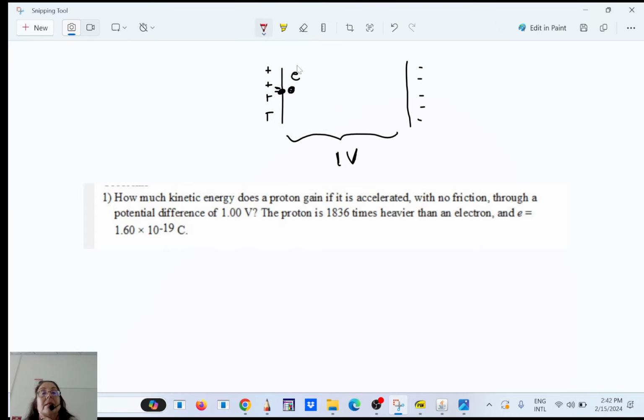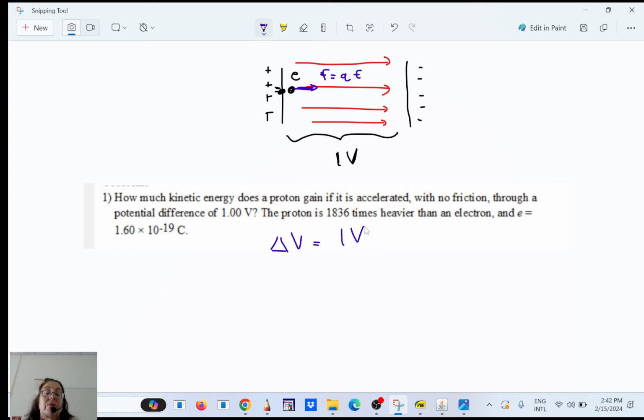Is it going to stay chill out here or what? It's going to go to the right because it wants to go with the electric field. So it's going to be acted upon by a force equals QE. Right? Yes or no?